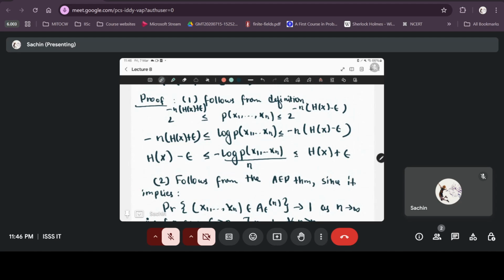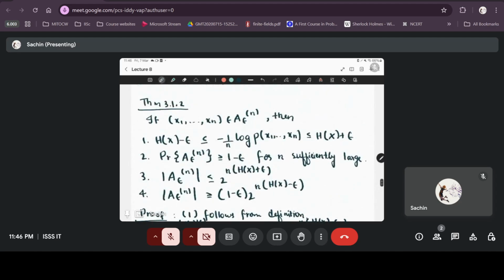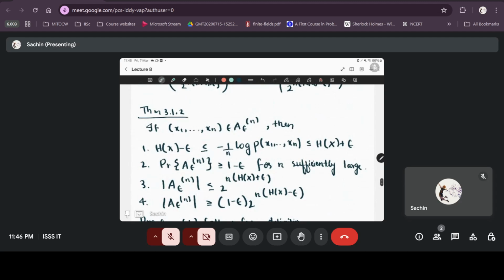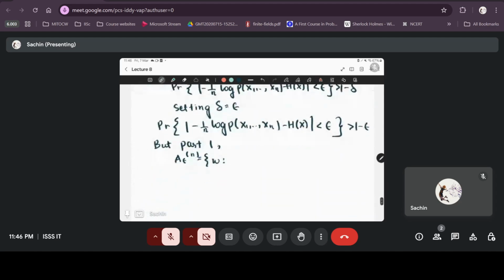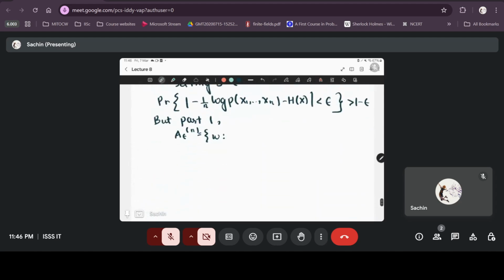So A epsilon of n is the set of all sequences x1 to xn such that the magnitude of minus 1 over n log of p of x1 to xn minus h of x is less than epsilon.